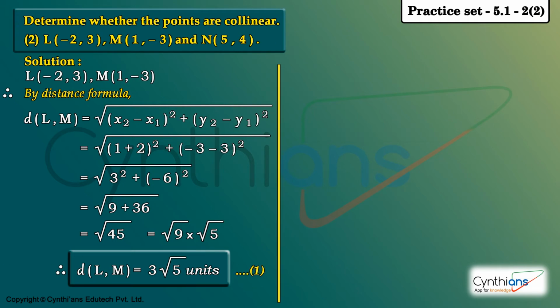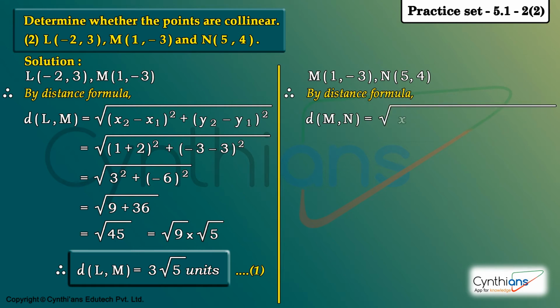Next, let's take point M and N and find the distance between them. So let's take coordinates for point M as x1, y1 and for point N as x2, y2. Therefore x1 becomes 1, y1 becomes minus 3, x2 becomes 5, y2 becomes 4. Therefore, by distance formula, d of MN is equal to square root of (x2 minus x1) the whole square plus (y2 minus y1) the whole square, the formula.